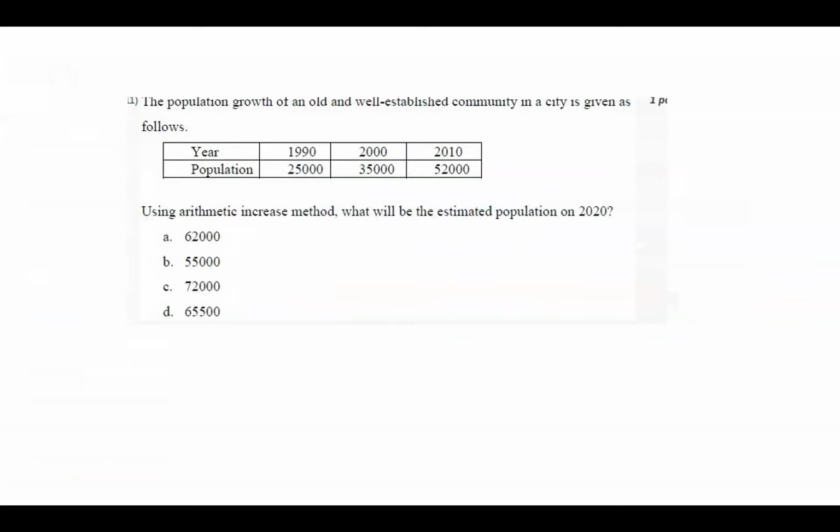The arithmetic mean increase is the method we discussed first. I can give you the formula: P2020 is equal to P naught plus the constant value into time.